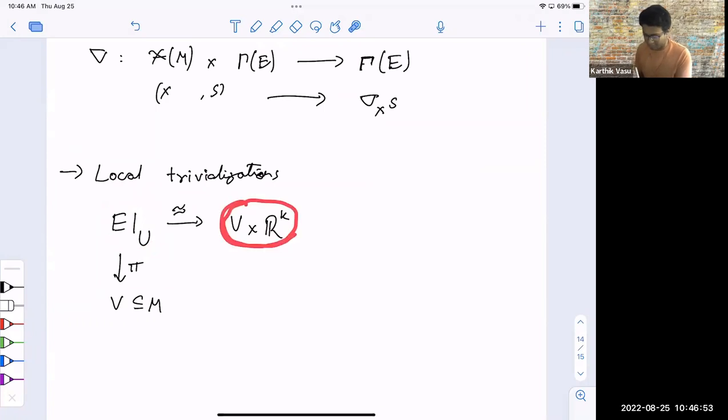So basically, you are saying the vector bundle looks like manifold cross R^k everywhere locally.